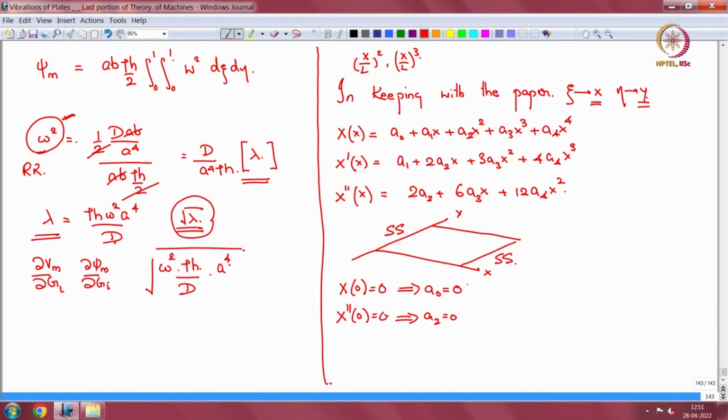So, a0 is 0 and a2 is 0. My X of x is equal to a1 x plus a3 x cube plus a4 x fourth. Further, X at 1 is equal to 0 also. x and y are non-dimensionalized variables, so X at 1 is 0. That means a1 plus a3 plus a4 is 0.